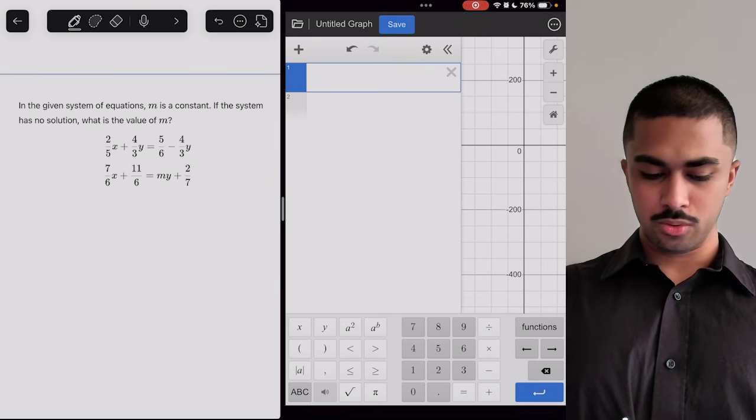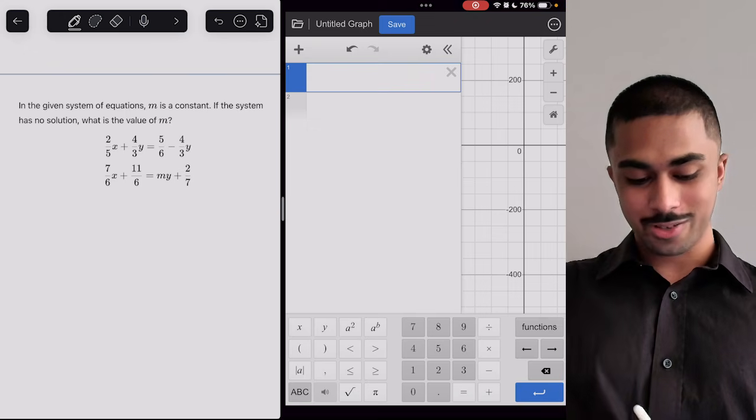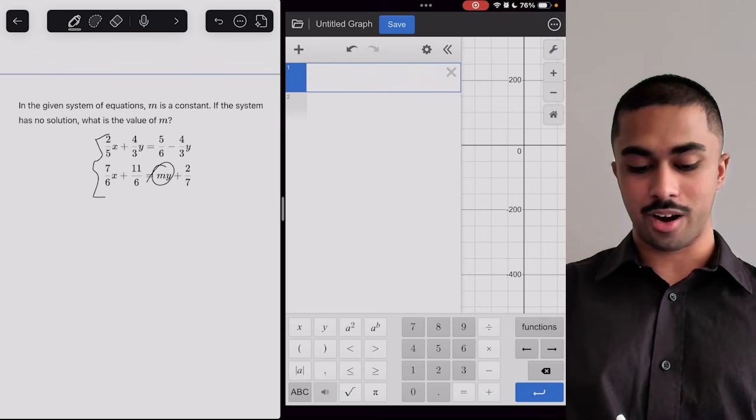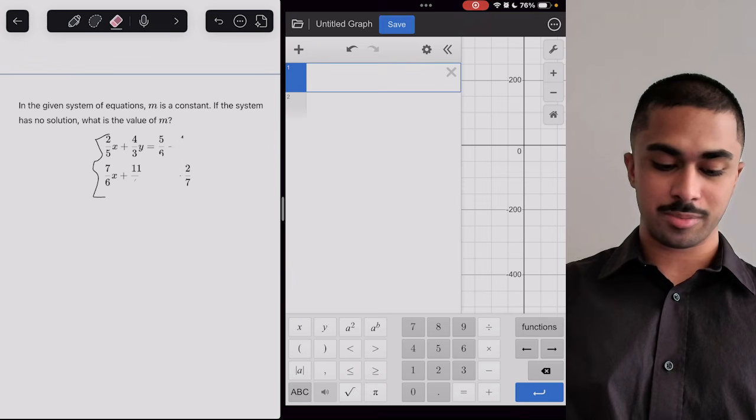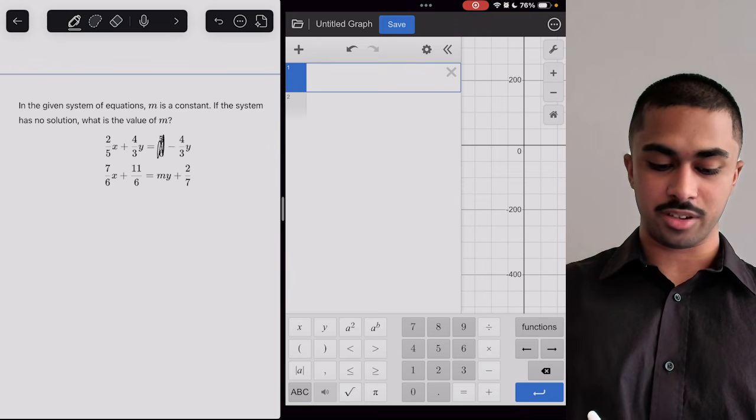Now, what we could do is graph both of these and then make a slider for m. But I've seen so many students spend like 5 minutes trying to do all the slider stuff. So just do this by hand.